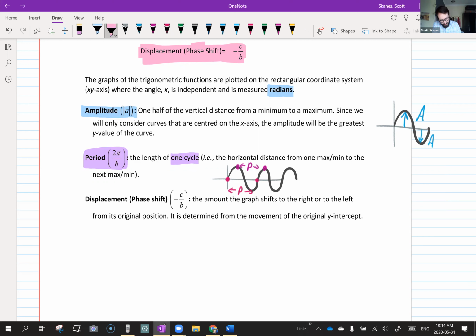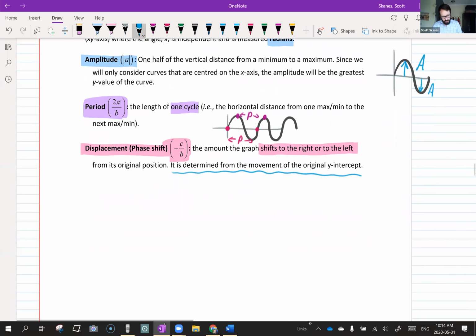And then finally, displacement, also known as phase shift. It's the shift right or left. And one note that might come up, it's determined from the movement of the original y-intercept. So let me just bring up a point here. I'll draw a little picture. Let's just say we had the original function sine. This would continue on in both directions.